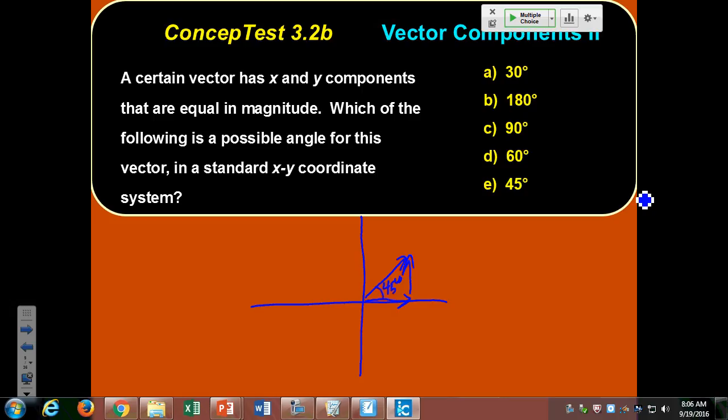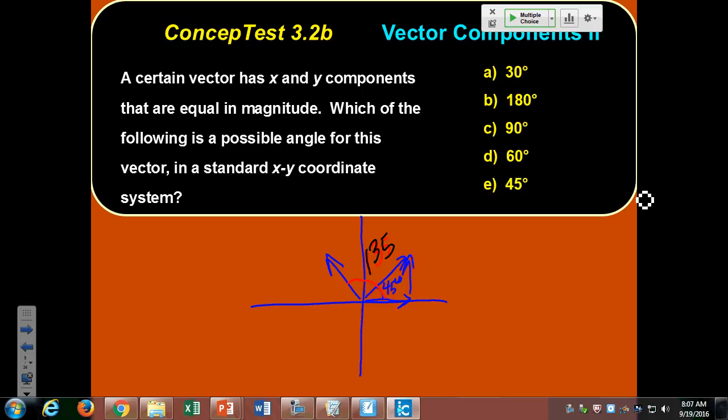Okay, it could be negative 45. What I'm getting at is it could be in any quadrant. Like I could have a negative x component and a negative y component, putting it in this quadrant. So it could be 45. It could be 135. Y'all can't see that, can you? 135.